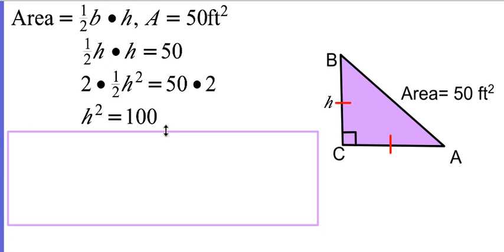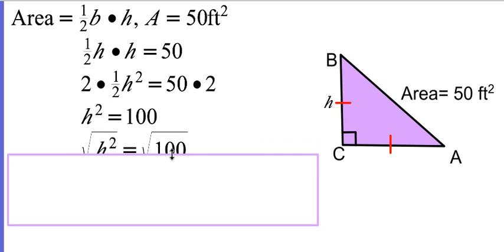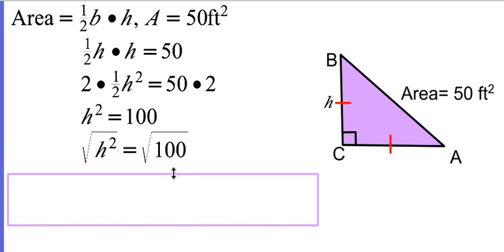Now we said that whenever we're solving for an unknown, we're going to do the inverse operations. So the inverse of squaring is to take the square root. And since we have to take the square root of both sides, we are left with wondering what number times itself, 2 times, will give us 100.